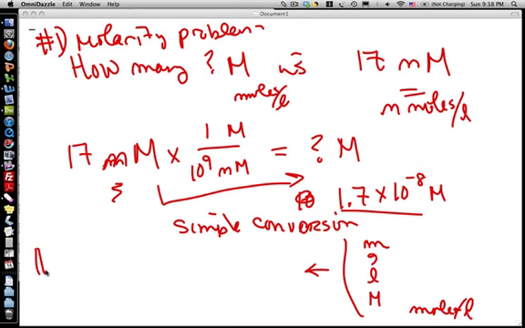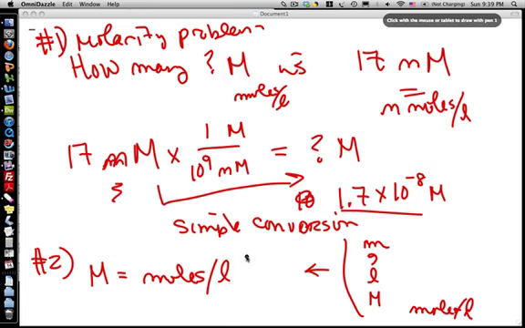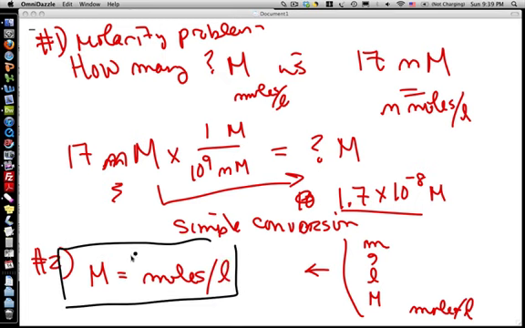The second one is that we just need to know that molar is equal to moles per liter. So we just need to memorize that relationship. And sometimes we switch them and there's no math involved. So I'll give you an example of that.